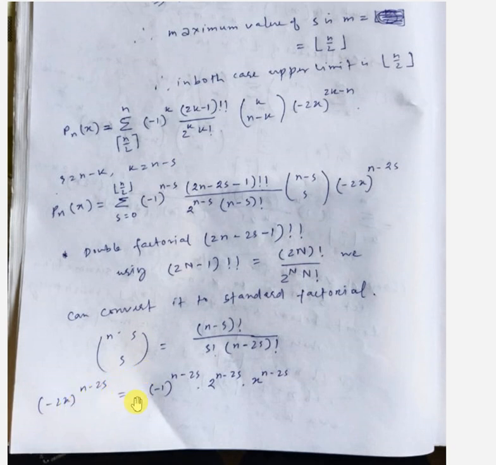So minus 2x and minus 2s is nothing but half to the power n minus 2s, 2 to the power n minus 2s, and x to the power n minus 2s, right?